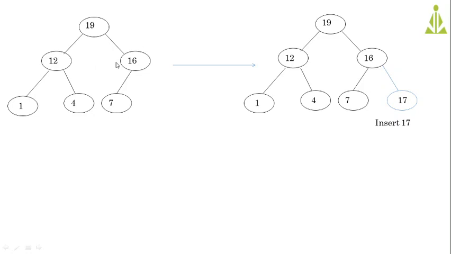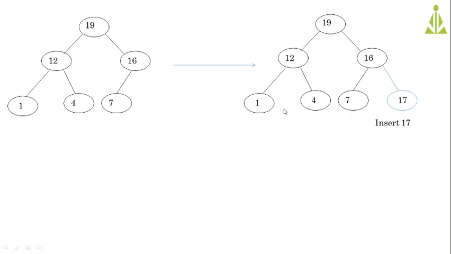Okay, so in the max heap, our root node should be highest. So here 19, 12 and 16. Yes, 19 is the highest. 12, 1, 4. Yes, 12 is greater than 1 and 4. Good. Now after inserting 17, check: 16 is greater than 7, but 17 is not handled properly.